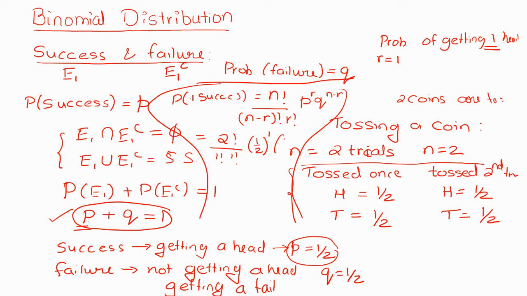And q is again half, therefore half raised to n minus r, that comes out to be 2 minus 1, that is 1.